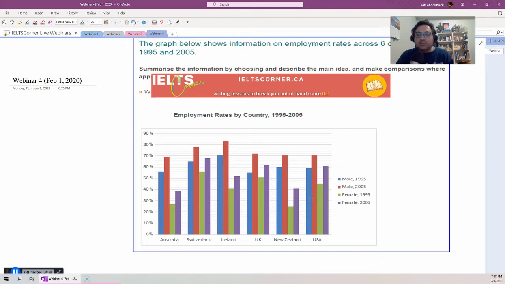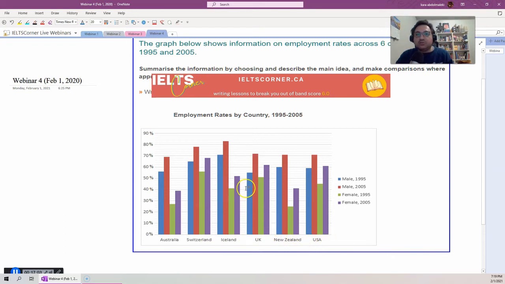But a third way, which will give you the opportunity to do both, compare the genders and compare the years, is if you divide the countries into two groups. So you go with Australia, Switzerland, and Iceland on the one hand, and you go with UK, New Zealand, and the USA on the other.